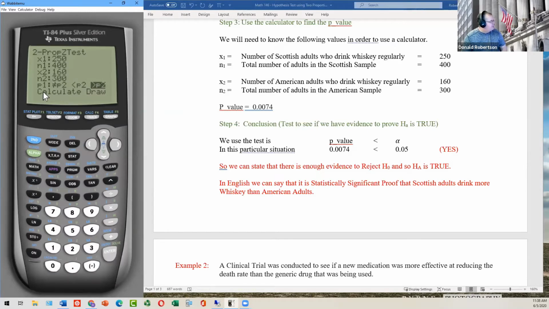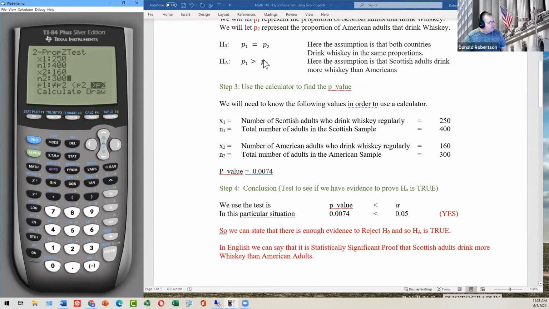And now we have the same choices. Is P1 not equal to P2? Is P1 less than P2? Is P1 greater than P2? And can you remember in our story we wanted P1 greater than P2? So when we go down there, we make sure that we choose that one, which I have.